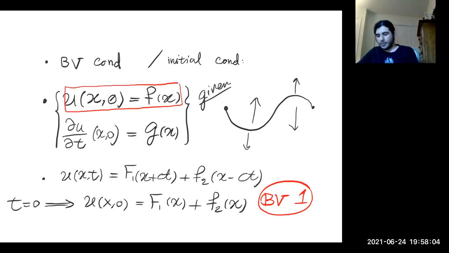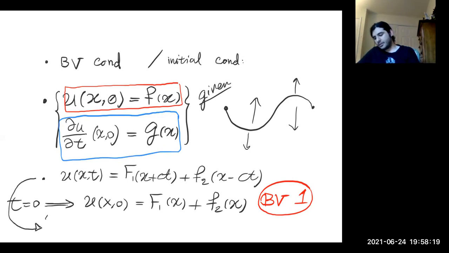But there is another one, the second boundary value condition. I want to compute that one too. In order to compute it, I should take the derivative of u with respect to t. As you can see, there is a constant c here, and it comes out.